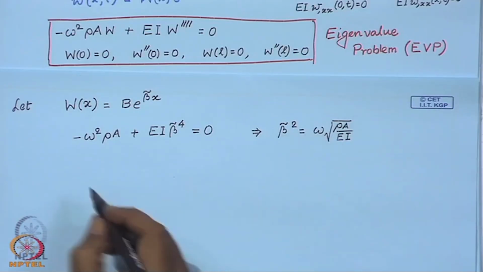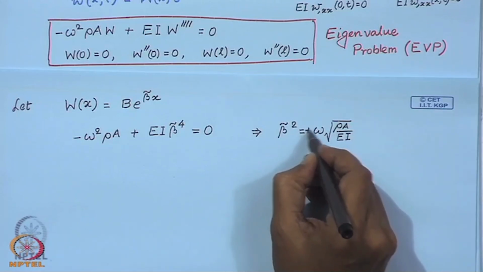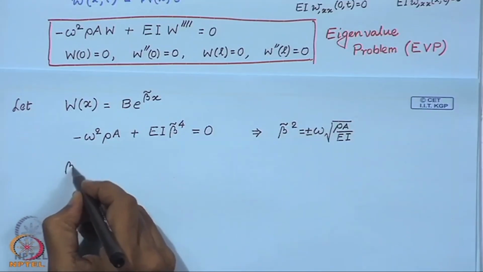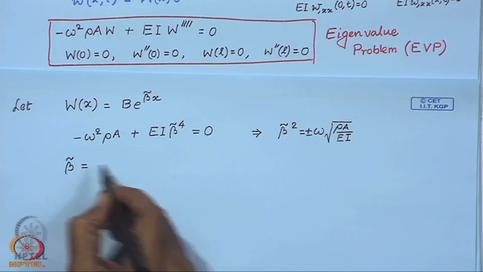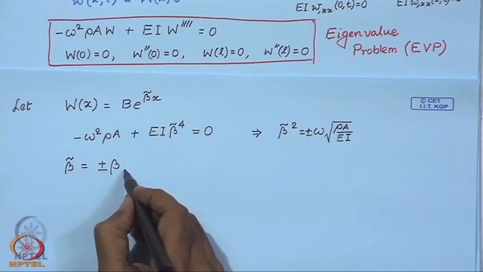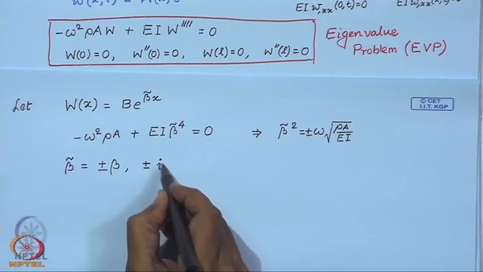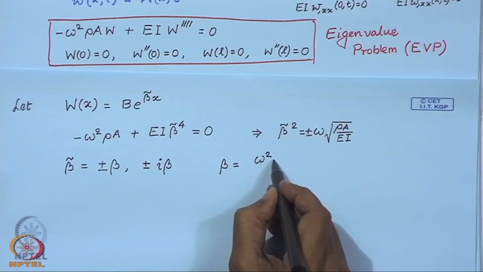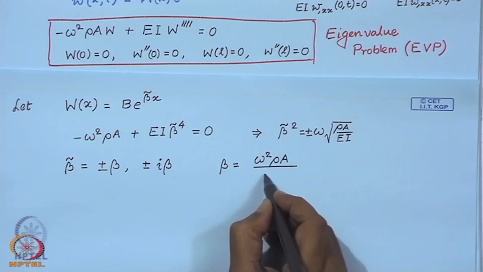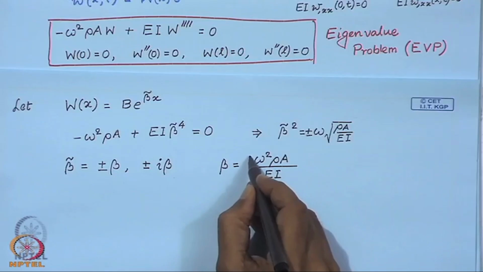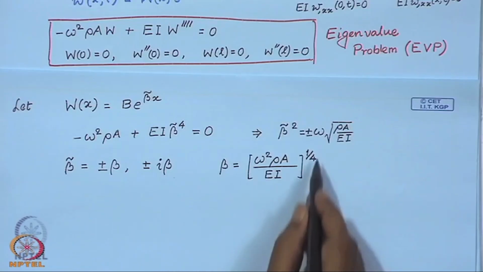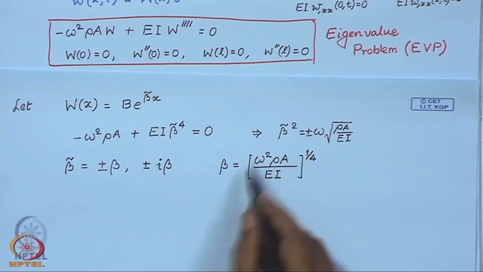Now, this can have 2 signs, plus or minus, and therefore this beta tilde will have 4 solutions, which we will represent as plus minus beta and plus minus i beta, where beta is the 4th root of this quantity.